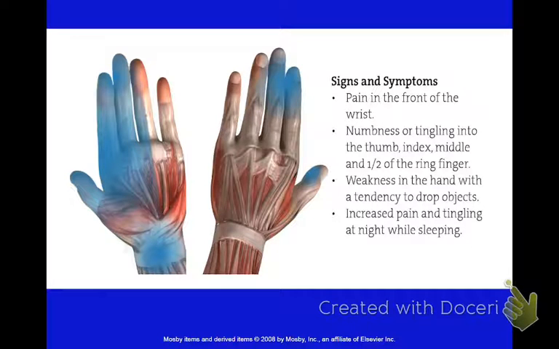So first line of defense is to immobilize the wrist, wear braces, to decrease the amount that you're moving your fingers. After that, if that's not working and anti-inflammatories are not working, then they would go in and do surgery and basically stretch out that ligament that goes across. I keep saying tendon, but it's a ligament. And they stretch it out so that it's not compressing that nerve.